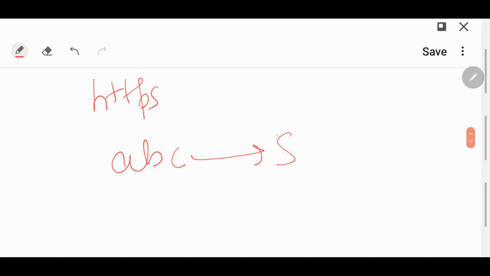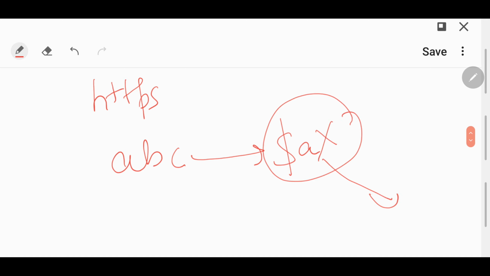And how is this encryption done? It is done with the help of the HTTPS protocol. So if you are sending ABC, let's say it is converted into this, meaning it is encrypted, and this is transmitted via the transmission medium.